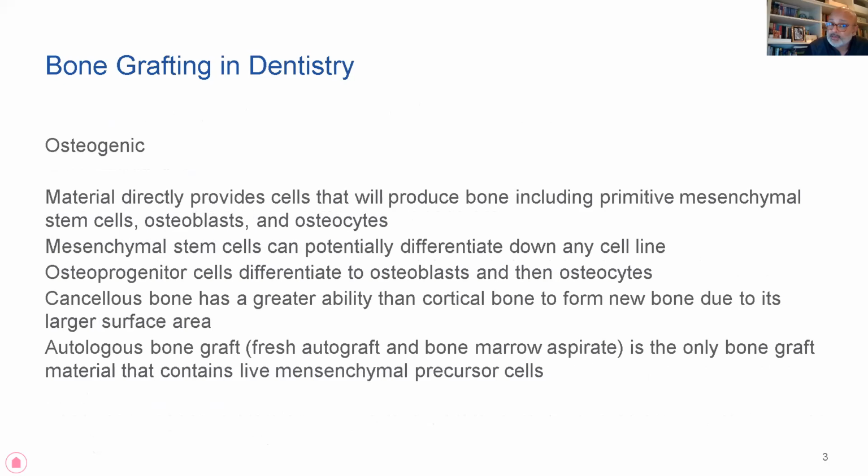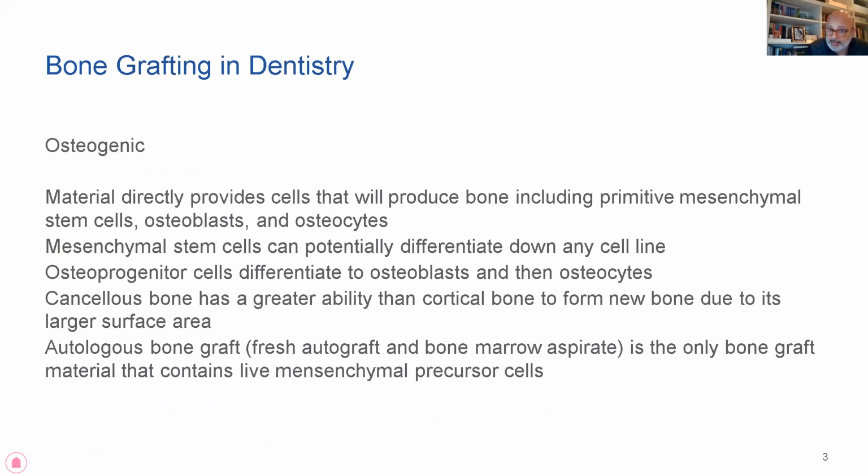So, osteogenic: the material directly provides cells that will produce bone, including primitive mesenchymal stem cells, osteoblasts, and osteocytes. If you're unfamiliar with what those do, please just go back and have a look, going back to dental school a bit. Mesenchymal cells can potentially differentiate down any cell line, and the osteoprogenitor cells differentiate to osteoblasts and then osteocytes.